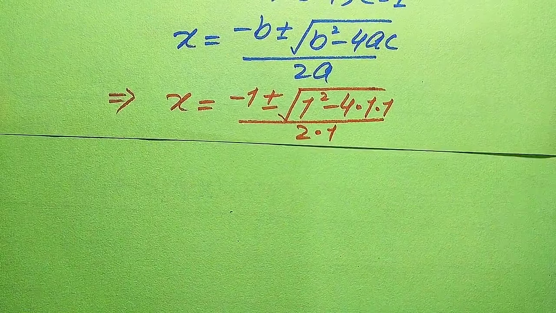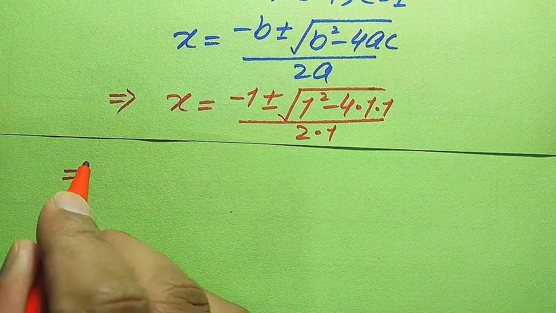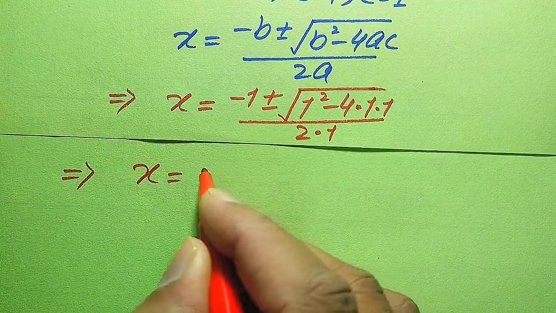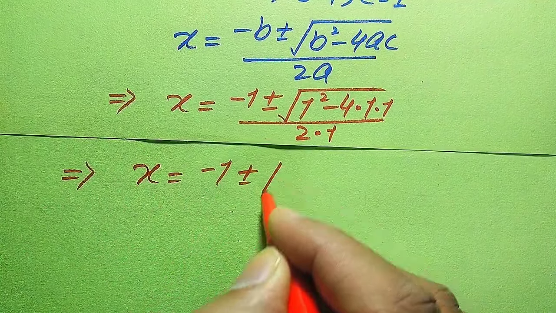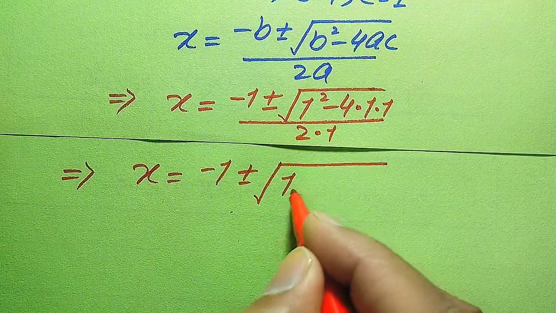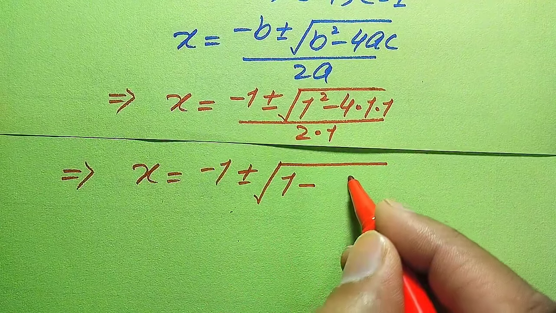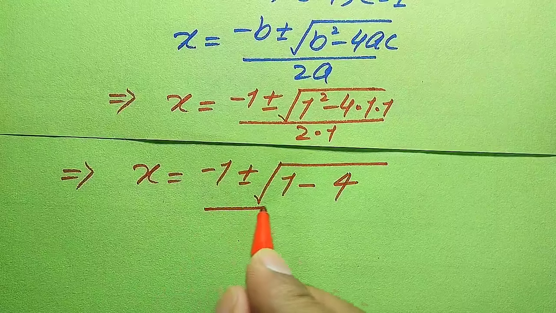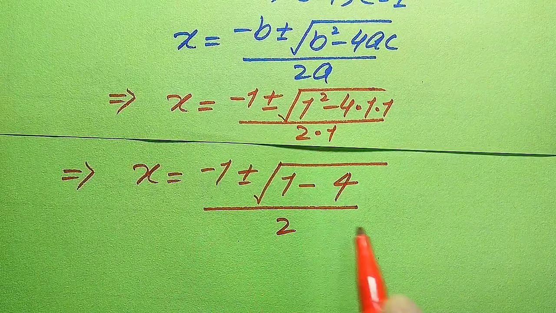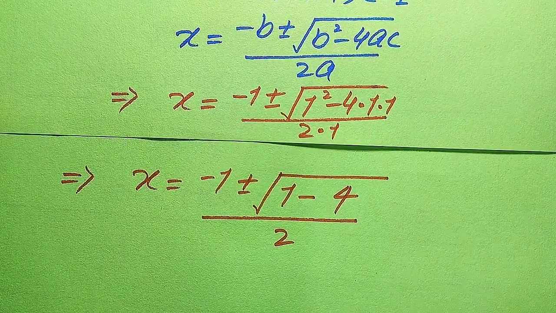And in the next step we need more simplifications, and it will be written as x equals minus 1 plus minus square root of 1 square, which is 1, minus 4 times 1 equals 4, and it is divided by 2 times 1 equals 2.